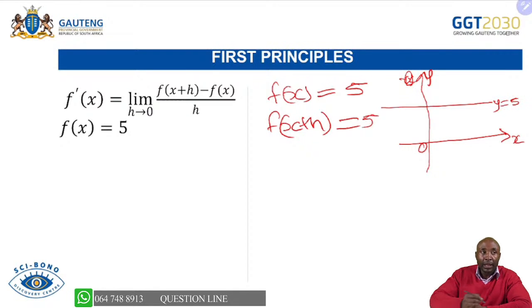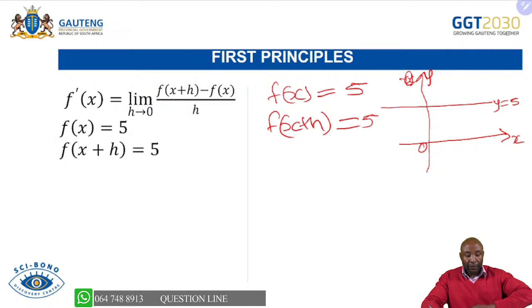So whether you're going to the left or to the right, any point that lies on that line will be y is equal to 5. Whether you are going to the right, if your h is positive, it will always be 5. Whether you are going to the left, where your h is negative, it will always be on that line where we have y is equal to 5. Now, we can write down and compute our f of x plus h will be 5 like that.